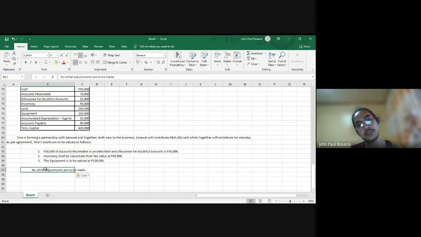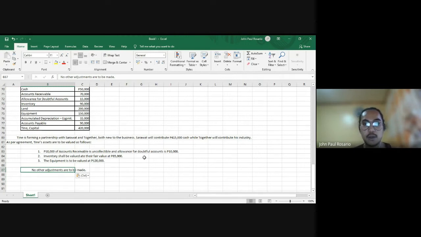Okay. So with that, we now go to adjusting first. Our first step when a sole proprietor would form a partnership with either a sole proprietor or an individual is to adjust first the existing books of the sole proprietor.